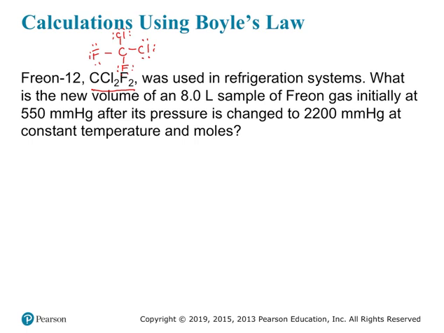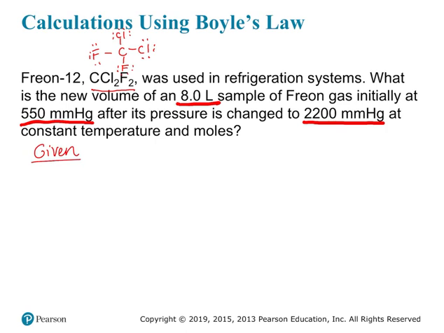All right, so what is the new volume of an 8-liter sample of Freon gas initially at 550 millimeters of mercury after its pressure is changed to 2,200 millimeters of mercury at constant temperature and moles? Okay, so let's write out what we're given.